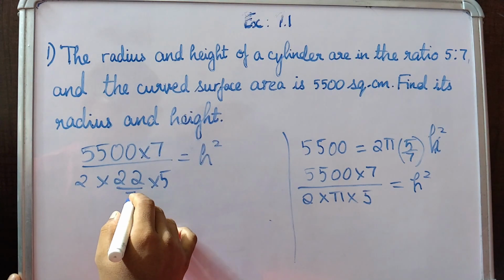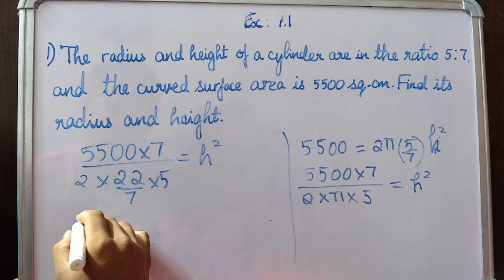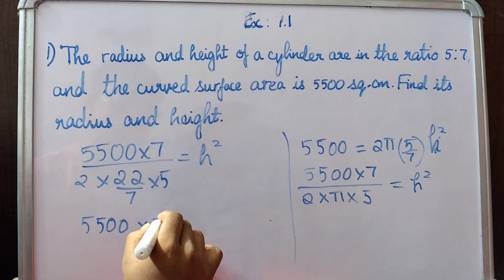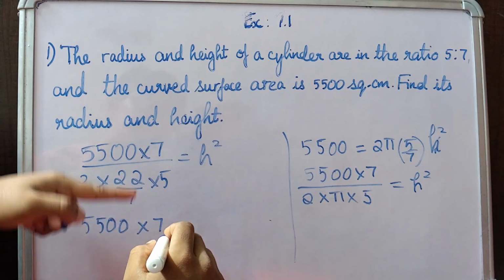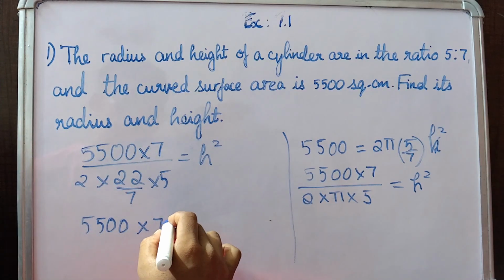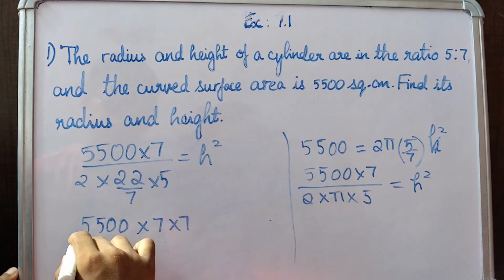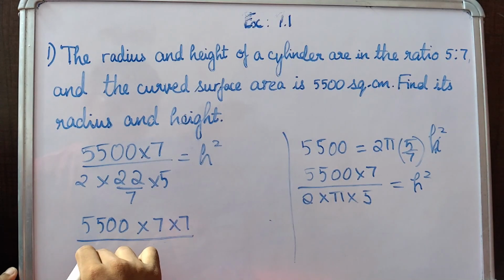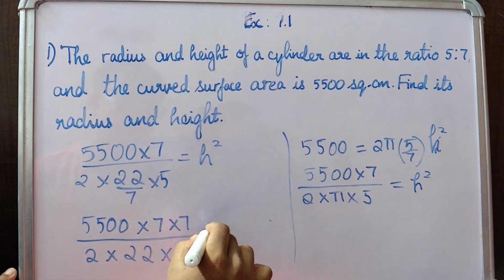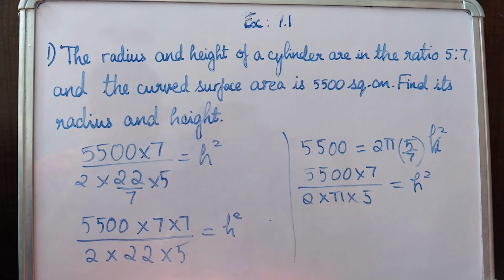And taking this denominator of denominator to the numerator, we will get 5500 into 7, this 7 will go to the numerator because it is the denominator of the denominator, divided by 2 into 22 into 5, which is equal to h square.